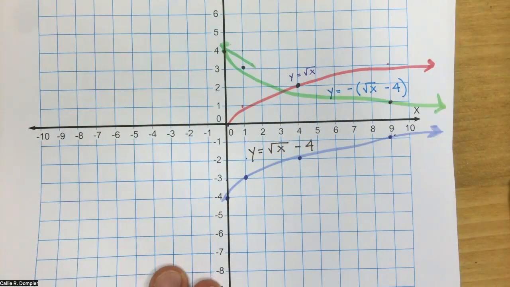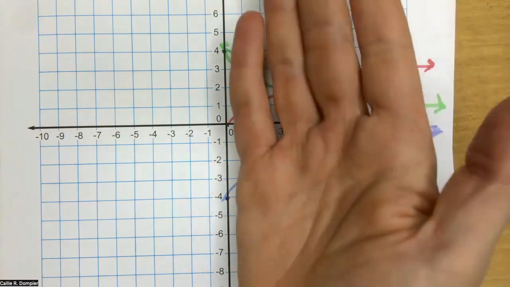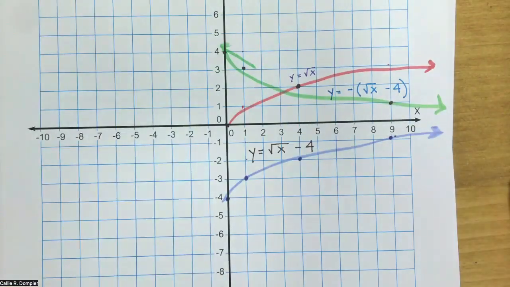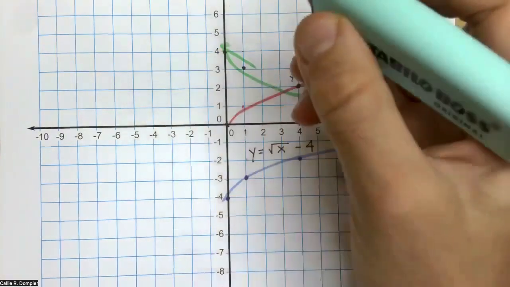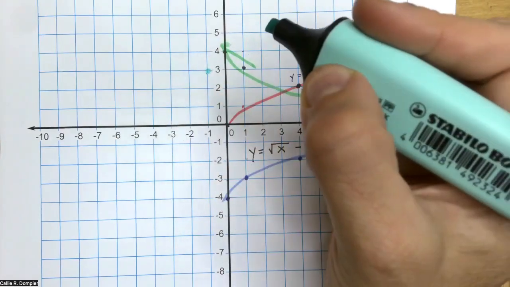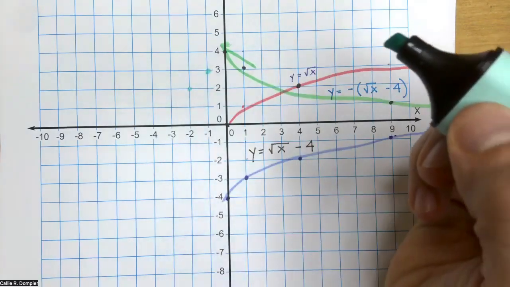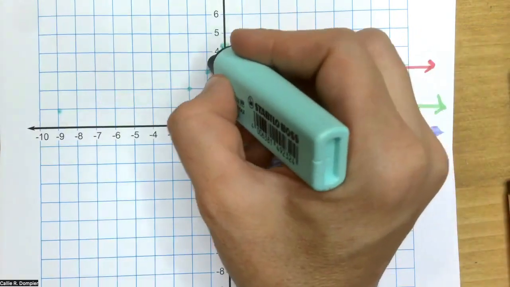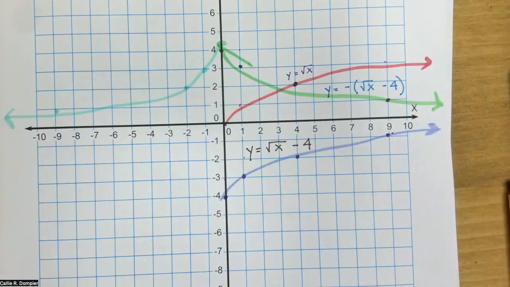And then the last bit of instructions was reflect about the y-axis. How do you get it to reflect across the y-axis? You just turn the x itself negative. If you turn the x itself negative, it flips over to here. Right, this was a hard one.